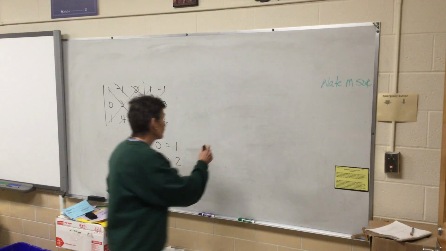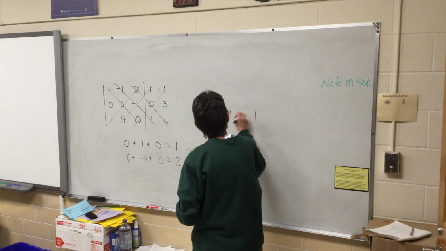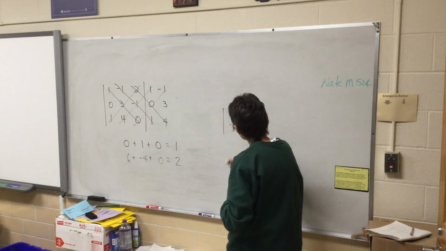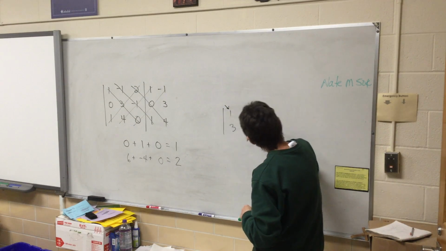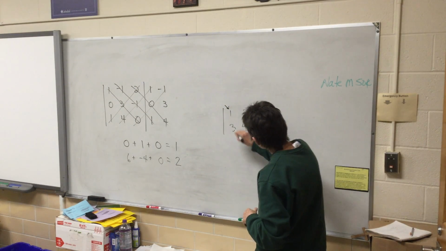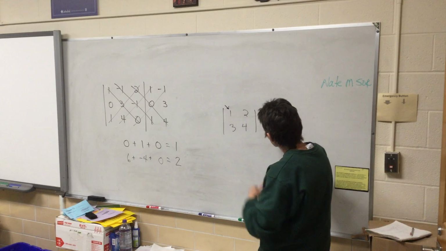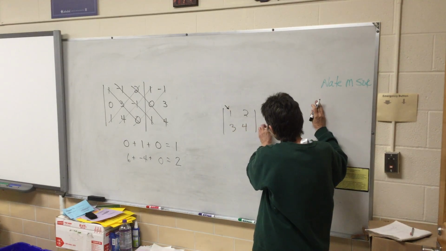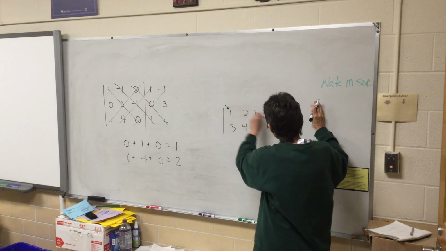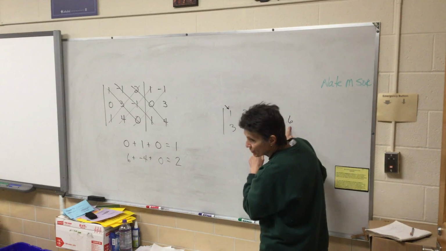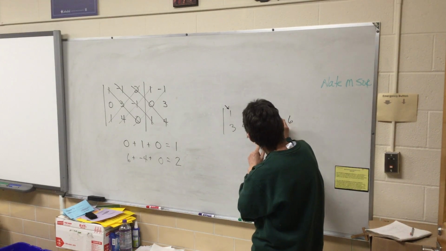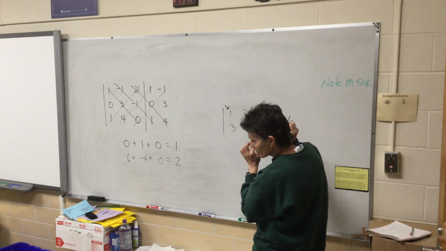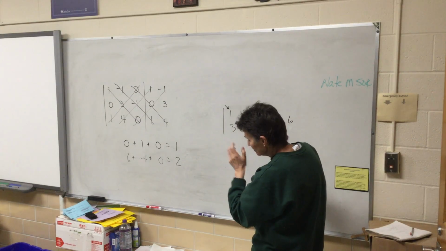Now, do you remember when we did the little ones? You started here, you multiplied these and got 4, and then you multiplied these and got 6. So this multiplication was a 4, this multiplication was a 6, and then what did you do to those two numbers? Subtract.